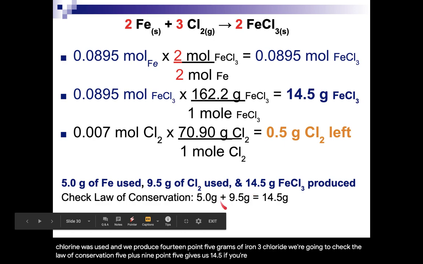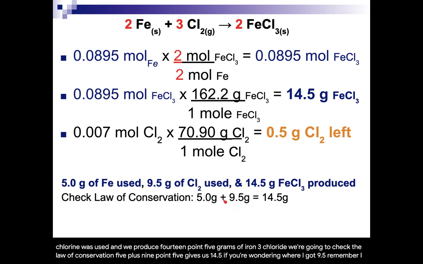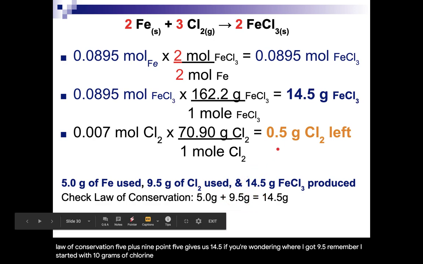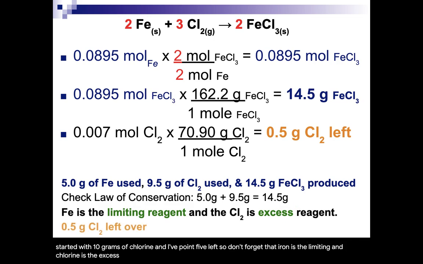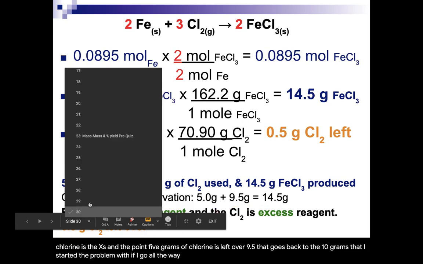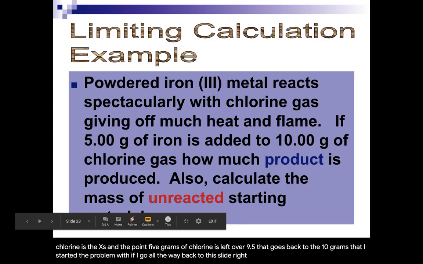If you're wondering where I got 9.5, remember I started with 10 grams of chlorine and I have 0.5 left. So don't forget that iron is the limiting and chlorine is the excess, and the 0.5 grams of chlorine is left over. If I add 0.5 plus 9.5, that goes back to the 10 grams that I started the problem with, if I go all the way back to this slide right here.